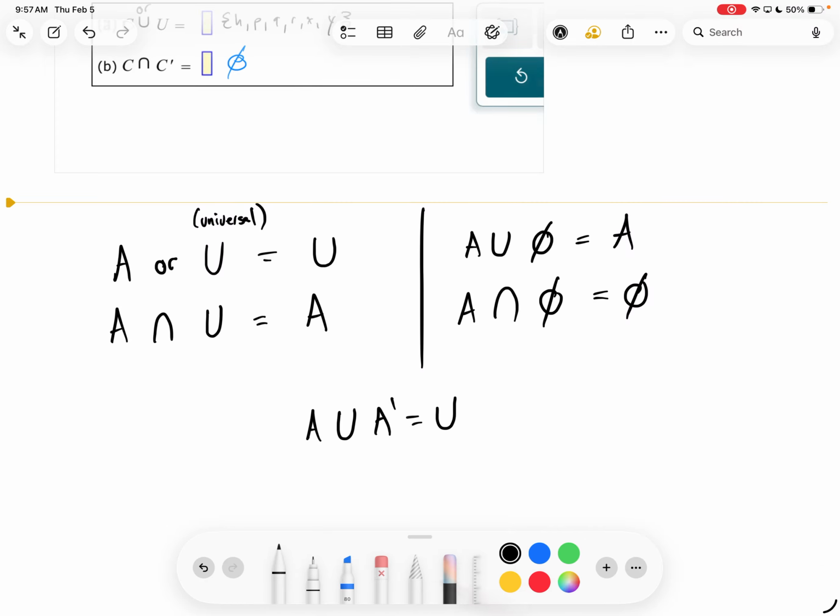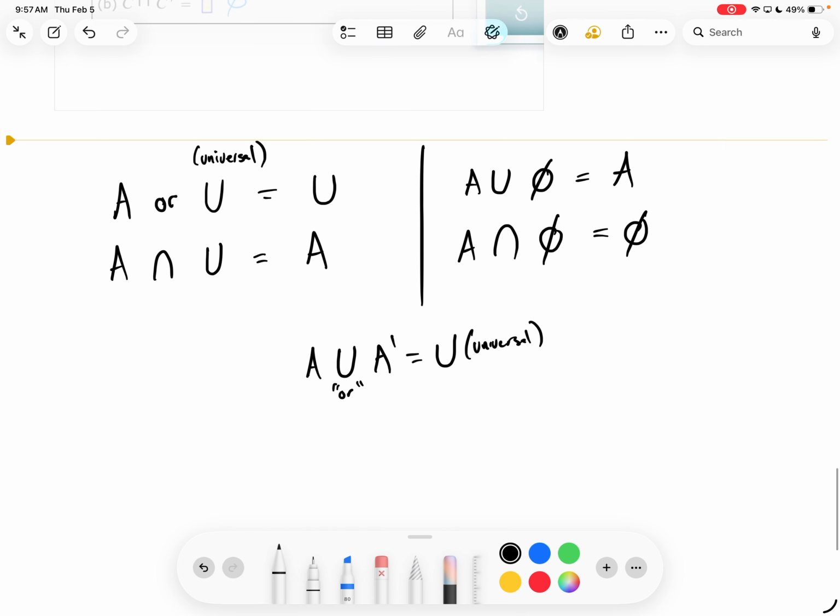I'm going to write this right here so you know: universal, and this is my union. And then A intersect A naught: what does A share with A naught? We just did that one. It is the empty set, because you're either in A or not in A, so they don't share anything.